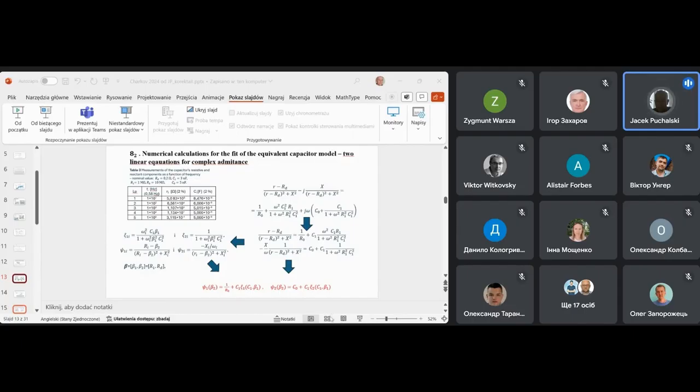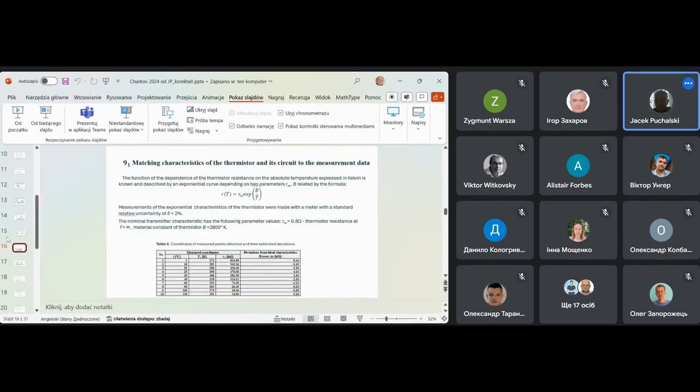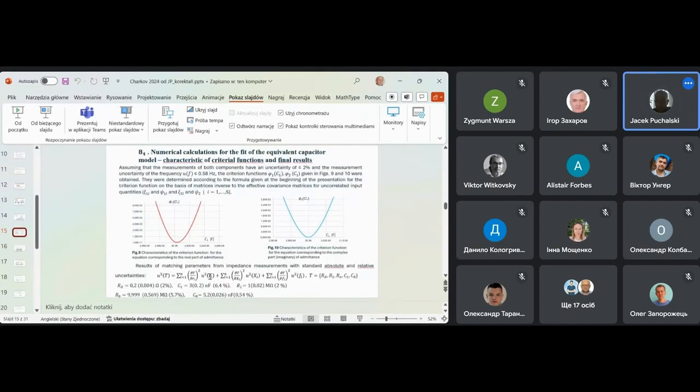So we can apply the effective inverse covariance matrix and find the criterion function. How to do it? Calculate at any point of x of capacitance C1 the criterion function for both equations.